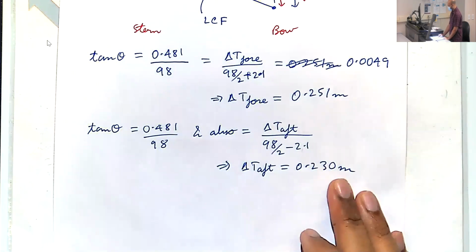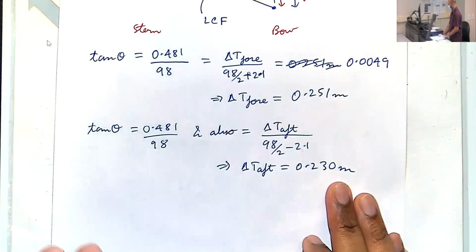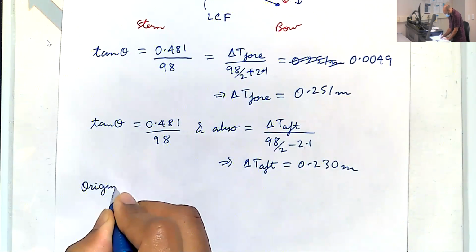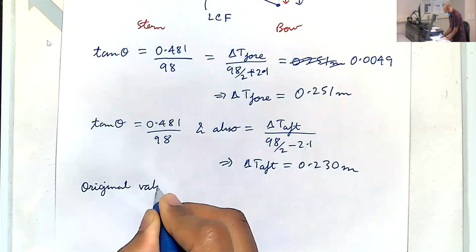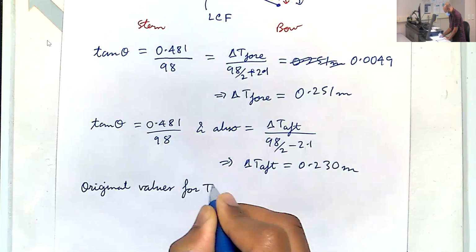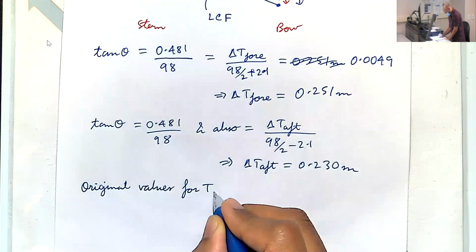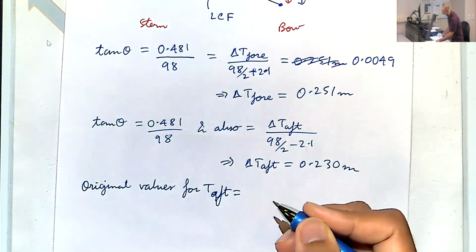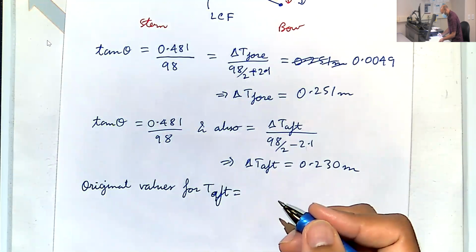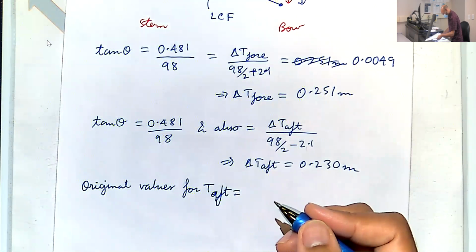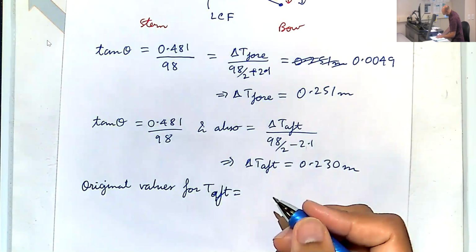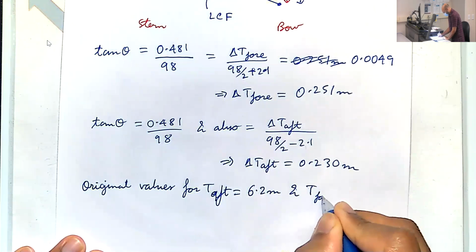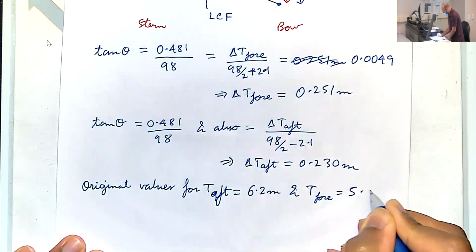If we know the change in draft, we just add or subtract from the original values. So original values for T aft, what was it? T aft was 6.2 meters, and T forward is 5.5 meters.